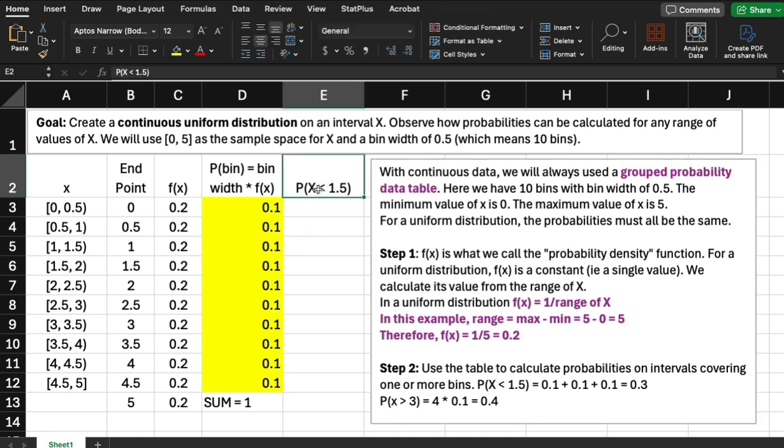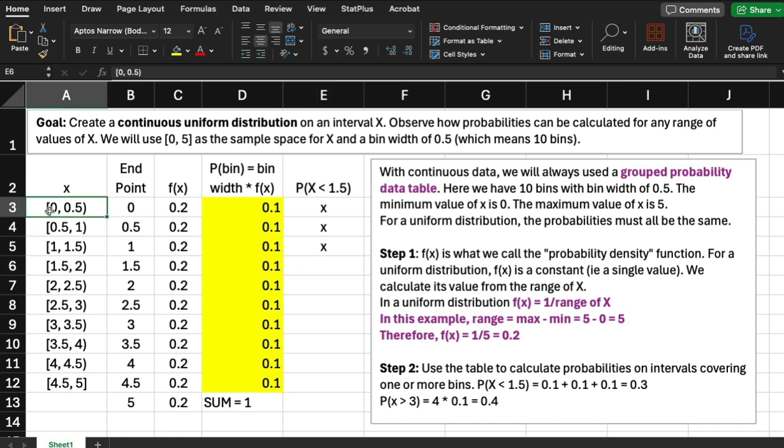We can only calculate probabilities on intervals that begin or end at one of the values that you see here. So, for example, we wouldn't be able to do 1.75 because 1.75 is not one of these endpoints. But we can calculate the probability that x is less than 1.5 because 1.5 is one of the endpoints. So you can see that I'm going to just put x's next to the ones that are included.